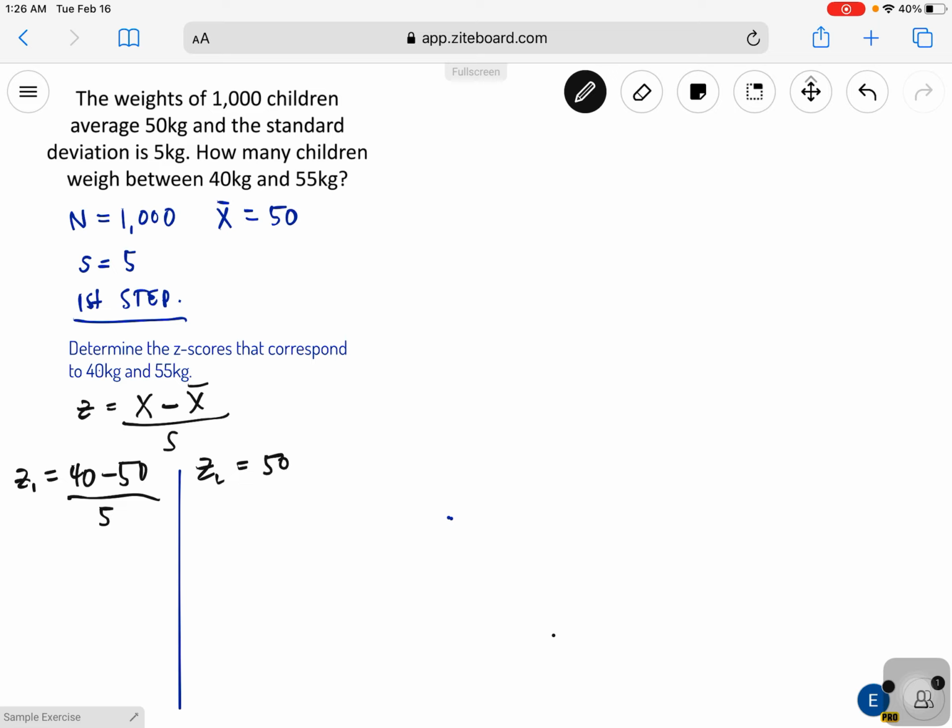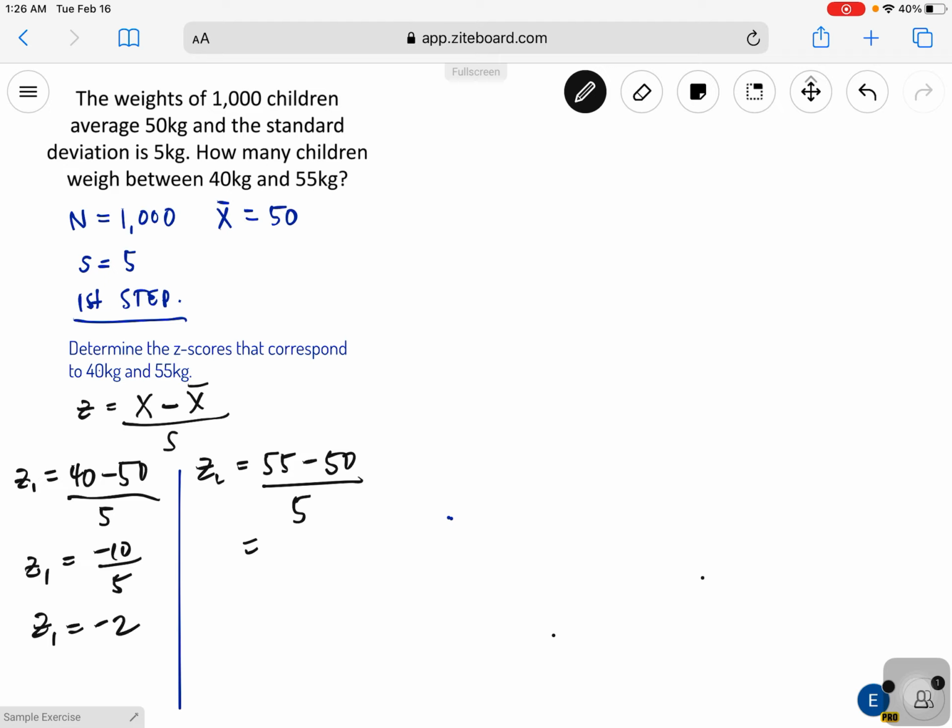And we have here our z sub 2, which is equal to 55 minus 50 all over 5. So we do the math here. We have z sub 1 is equal to negative 10 all over 5, which is equal to negative 2.